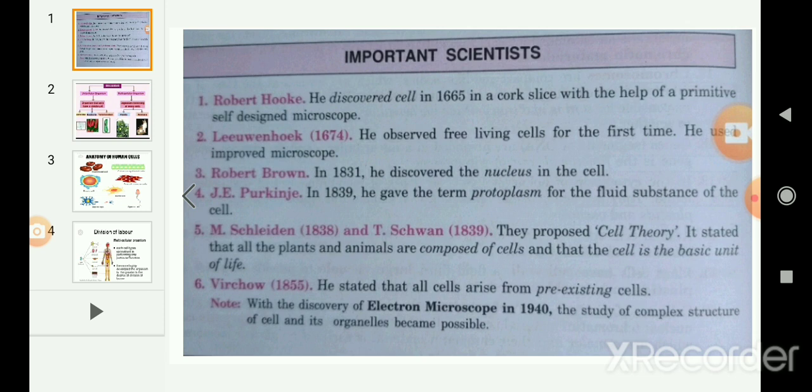And Virchow further expanded the cell theory by suggesting that all cells arise from pre-existing cells. That means, how are new cells formed in living organisms? The old cells themselves divide and give rise to new cells.